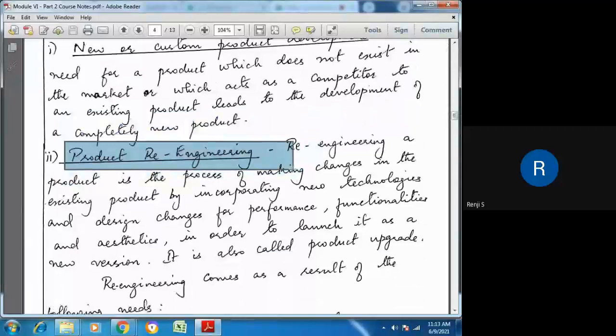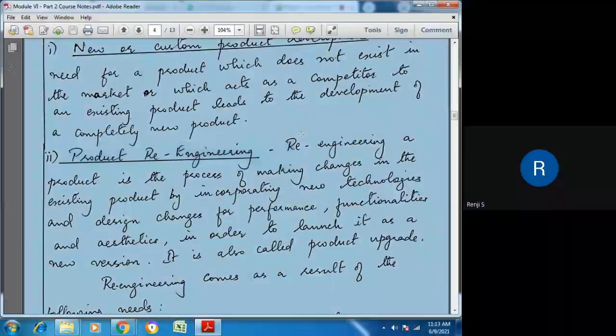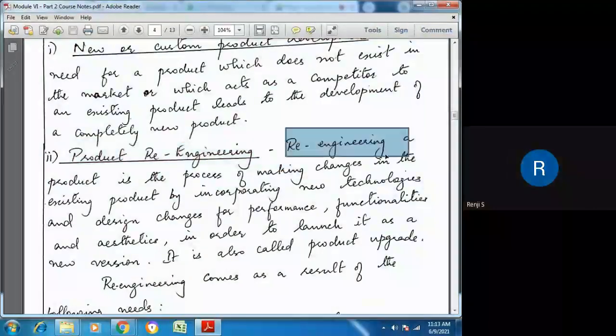Re-engineering is the process of making changes to existing products by incorporating new technologies.